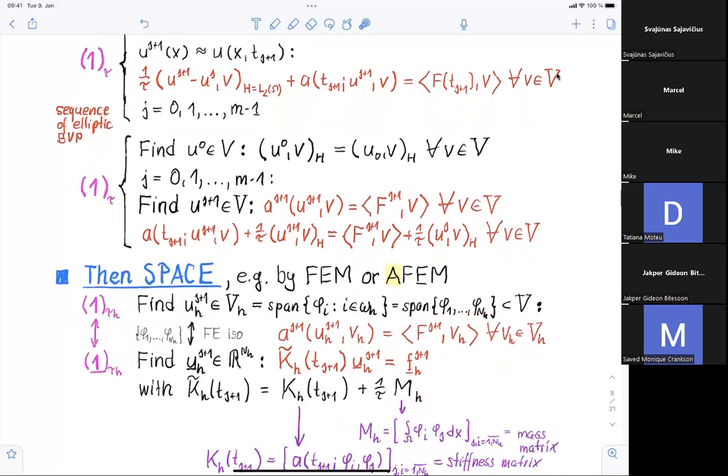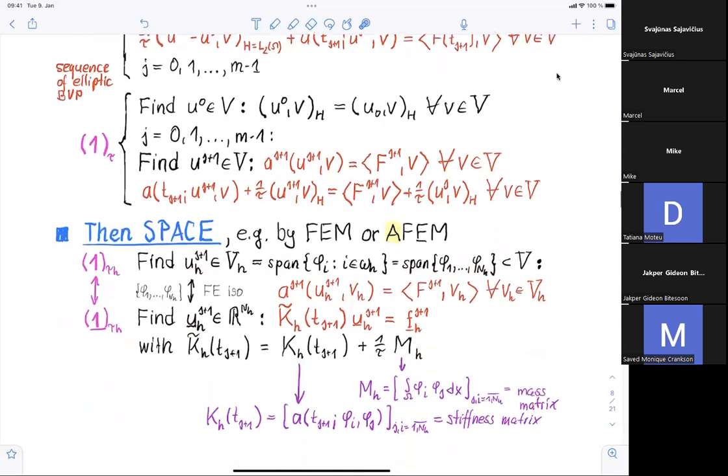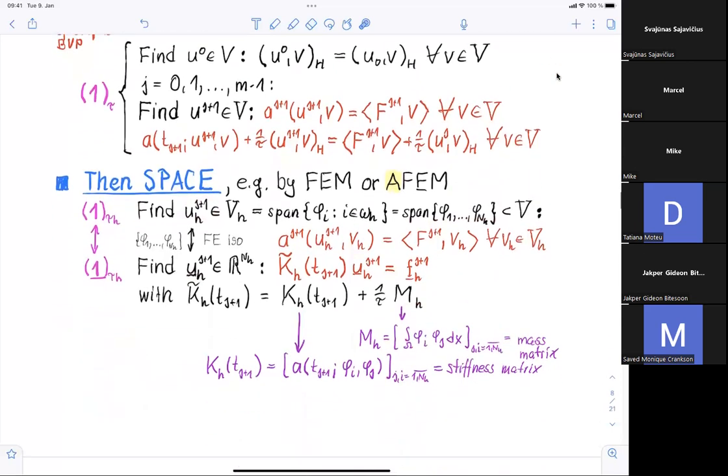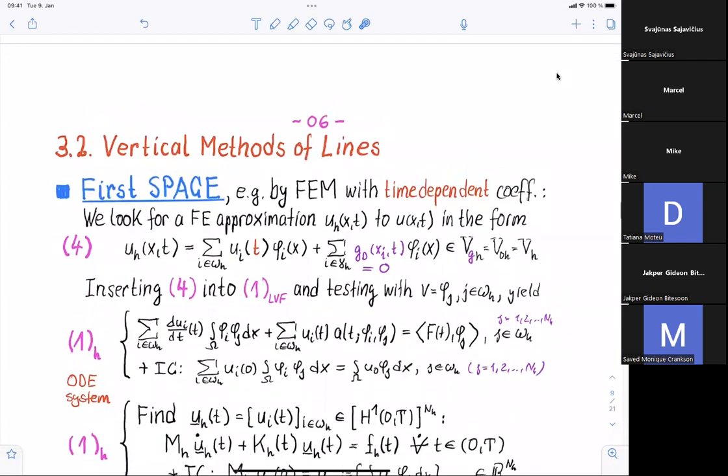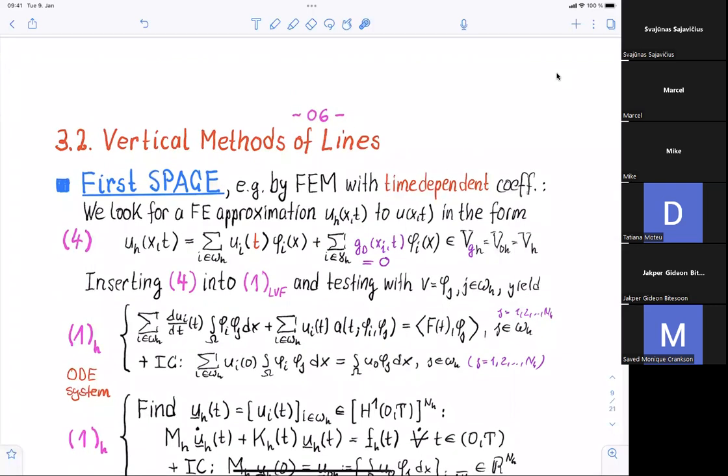So here you see the mass matrix and stiffness matrix. Then the vertical method of lines, and this is usually the standard method you find in the books and lecture notes. So first space: you use the finite element with time-dependent coefficients. In the elliptic case, you have this one, and now the coefficients are time-dependent.